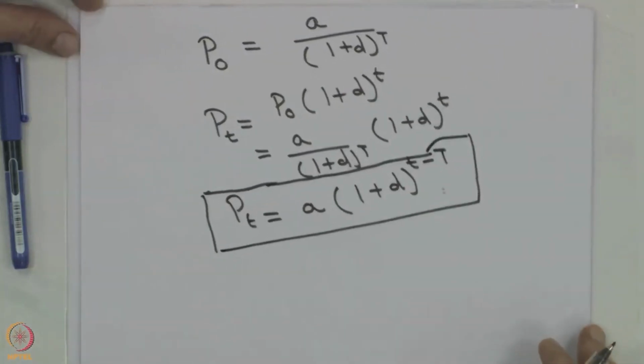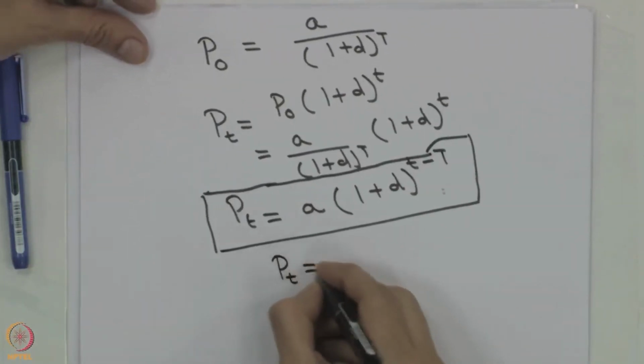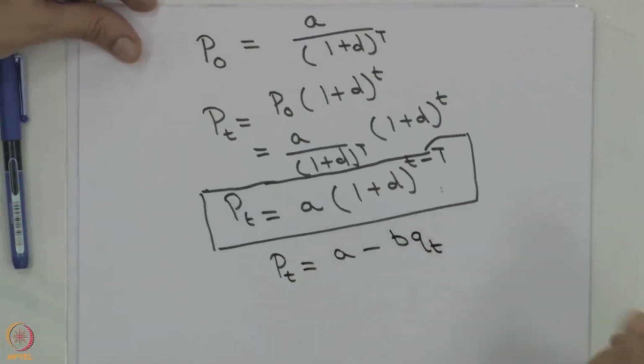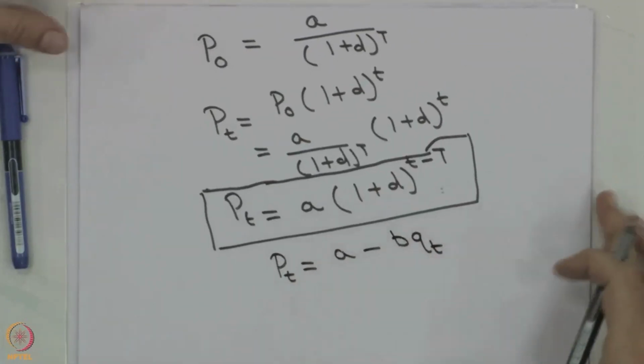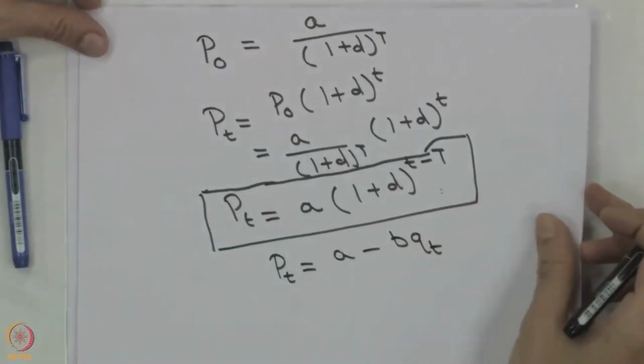We also know from the equation that Pt is A minus B Qt. This was our original inverse demand curve. So, now we can equate these two, and what do we get?